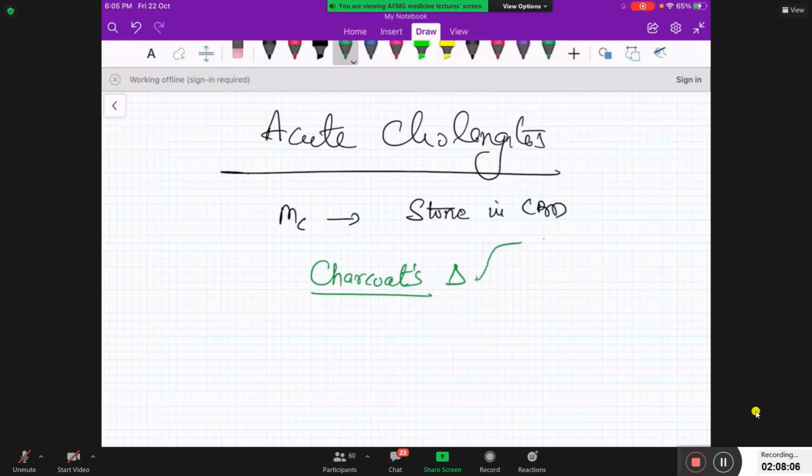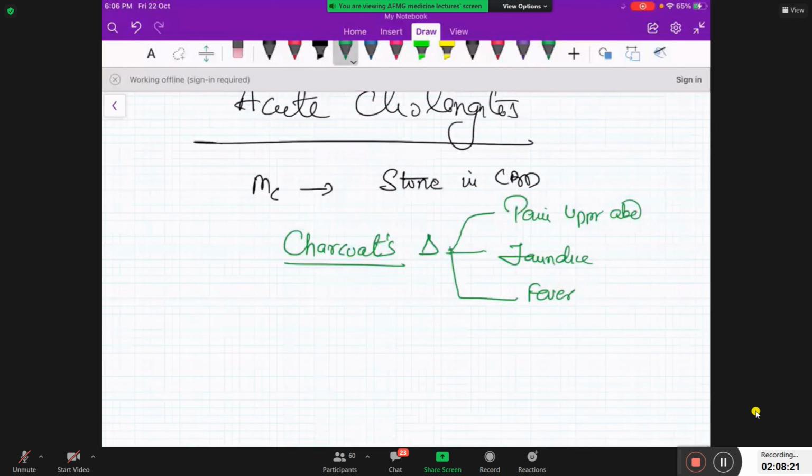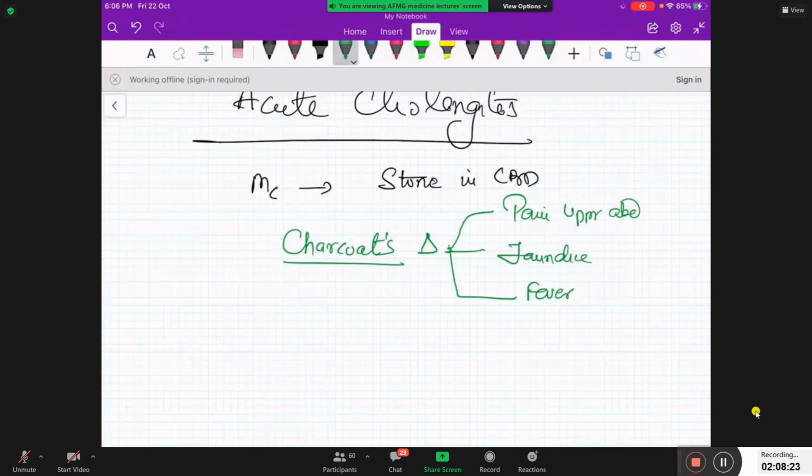In that Charcot's triad, you will have pain in the upper abdomen, jaundice, and fever also. A triad of pain, jaundice, and fever is called Charcot's triad.